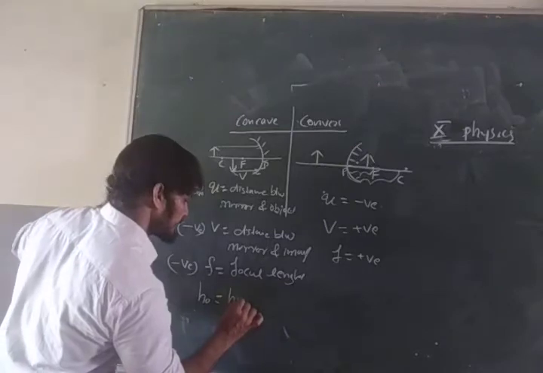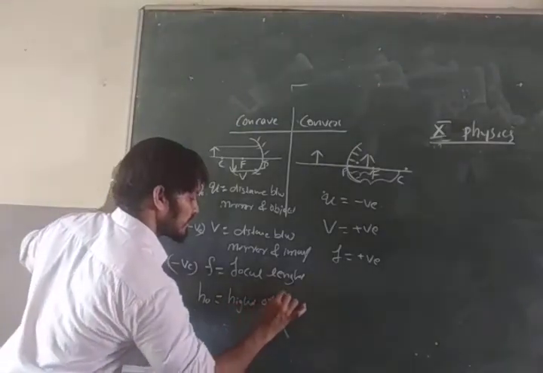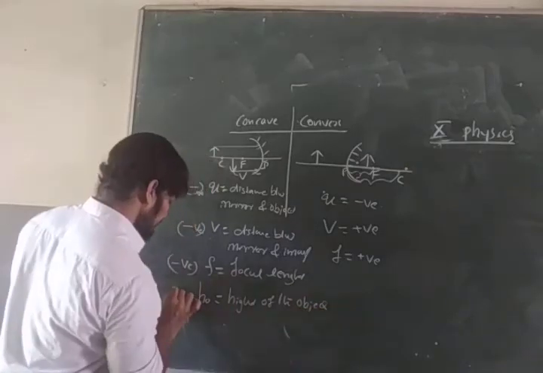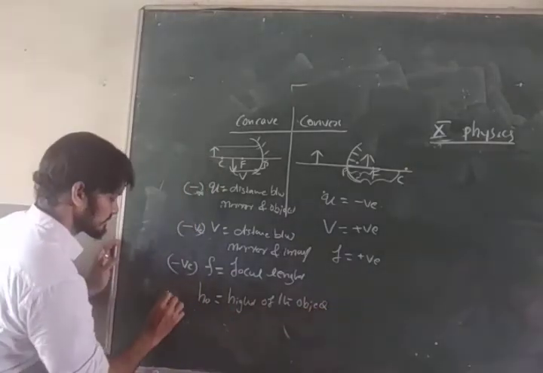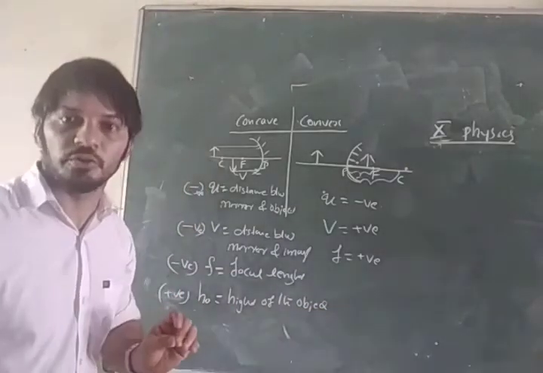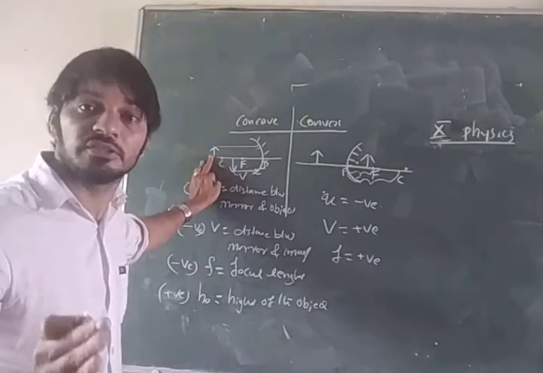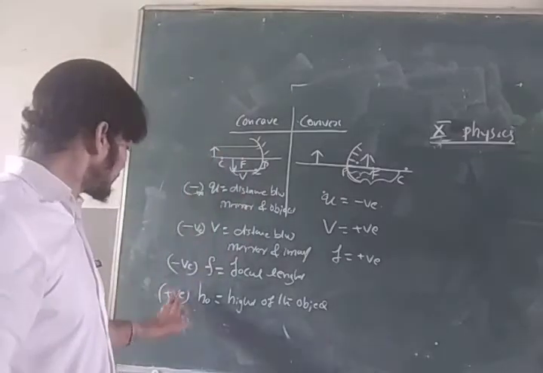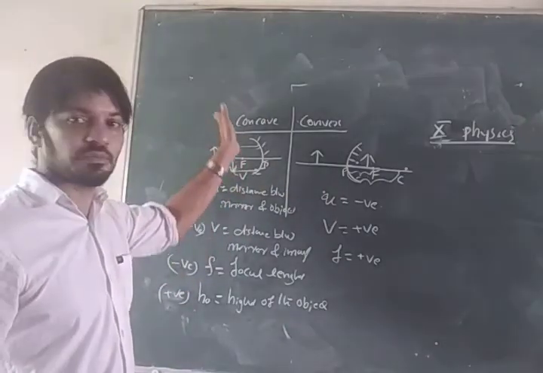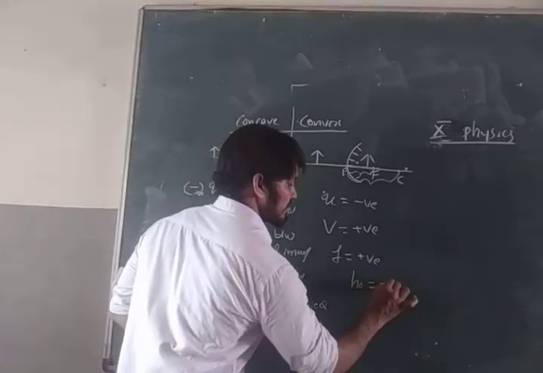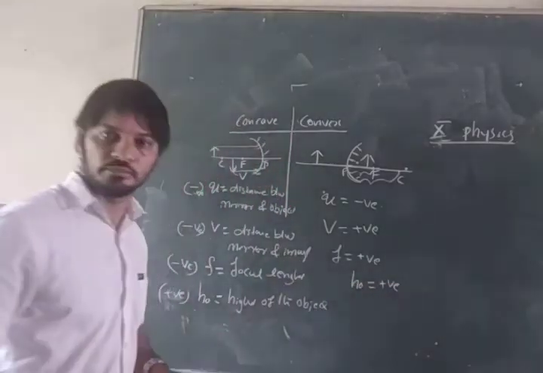Here it is positive. Why positive? Because the arrow mark is upward. Always, height of the object upward means positive. Here also the height of the object is positive, upward.